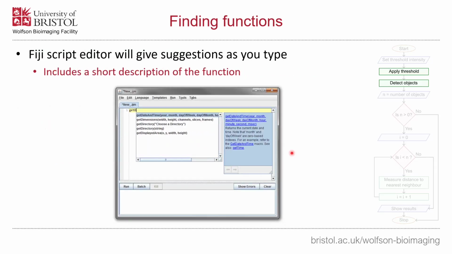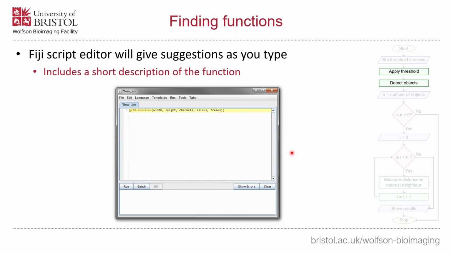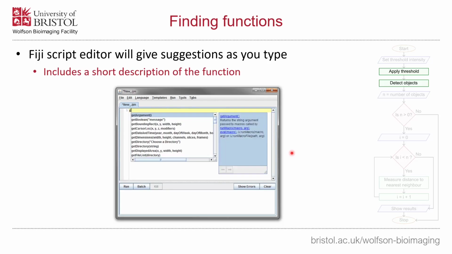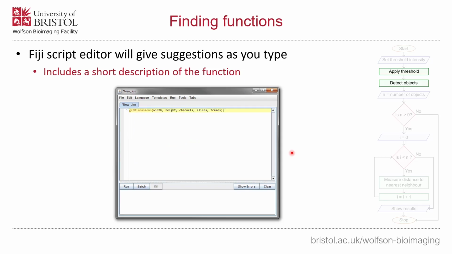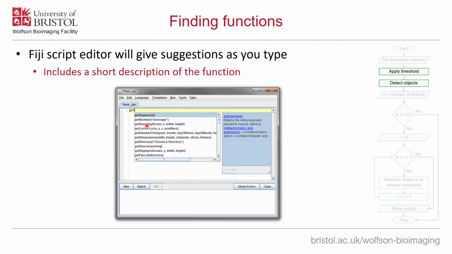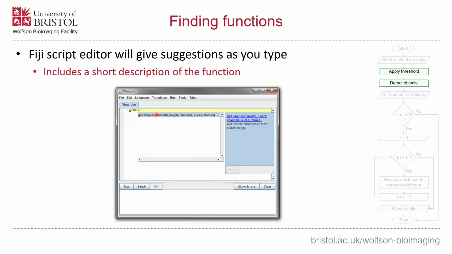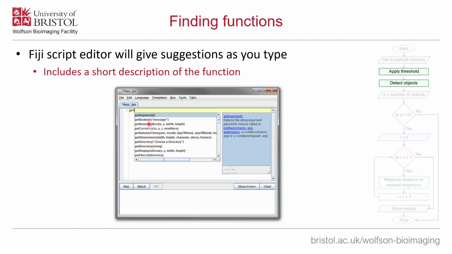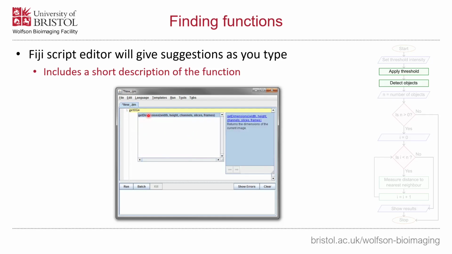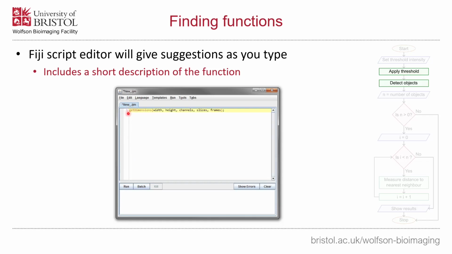The other one that's really useful has been included for about a year and a half now in the main Fiji build, and that's the auto completion here. So this is really cool. You can see here, as I'm starting to type, it's giving me suggestions for what functions I might want to be using. So as I type G, I get all the different commands that start with G. A lot of these are get, and indeed they don't change for the first 3 letters.